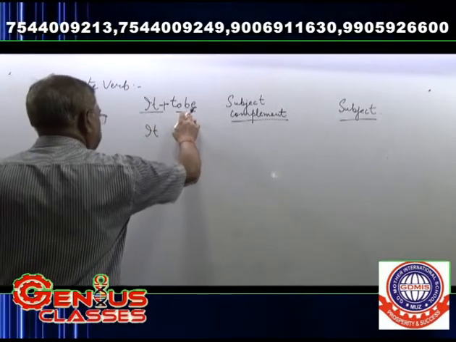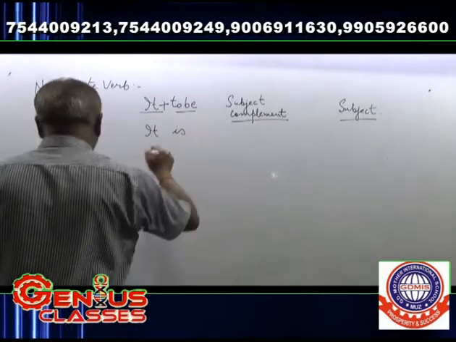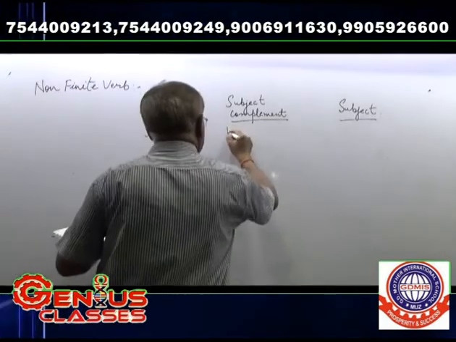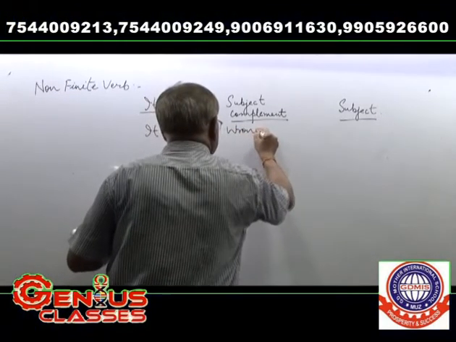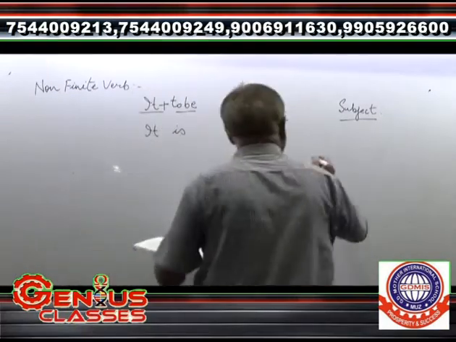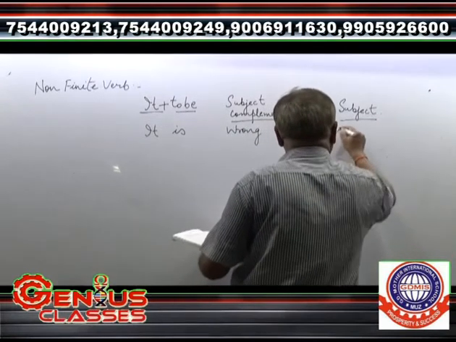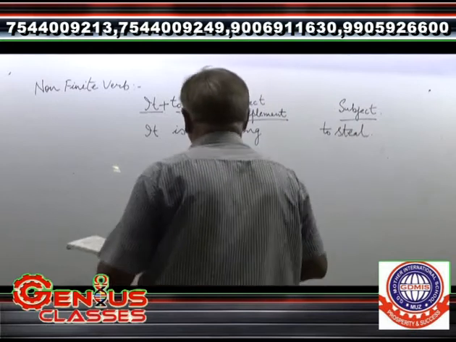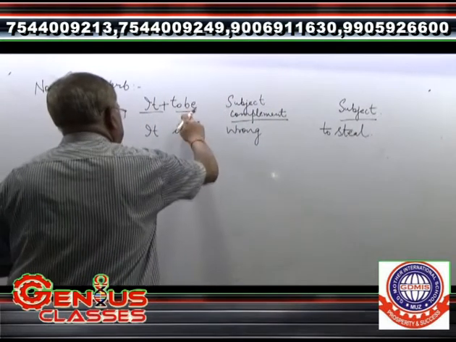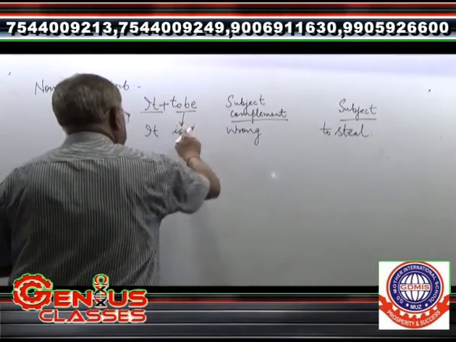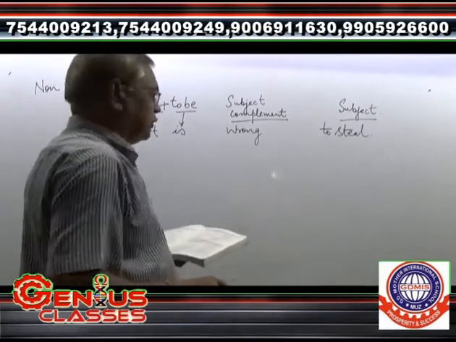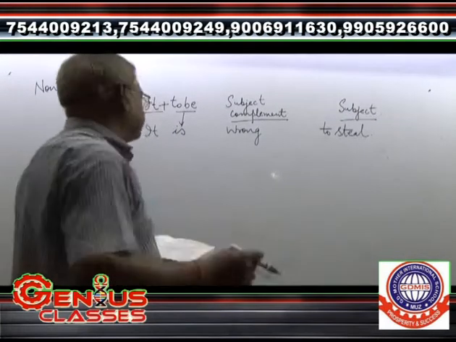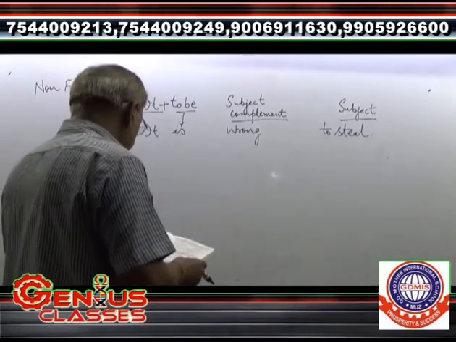Now on behalf of be, you can write is over here. It is wrong to steal. So for be, is is used over here in case of present tense. It is wrong to steal.